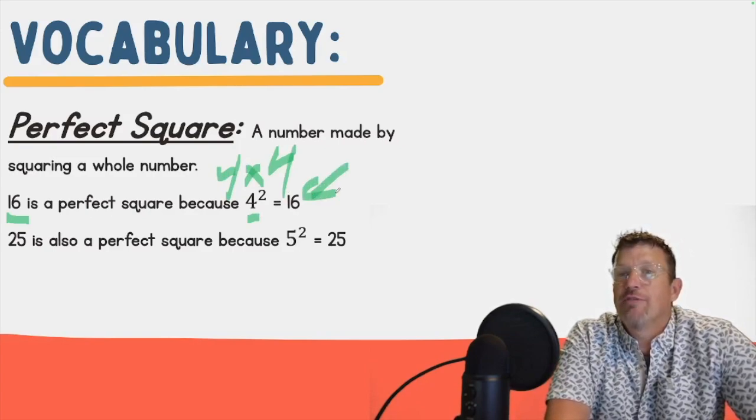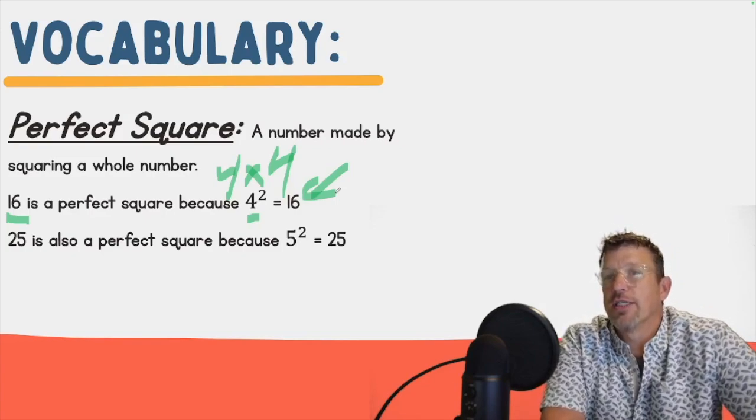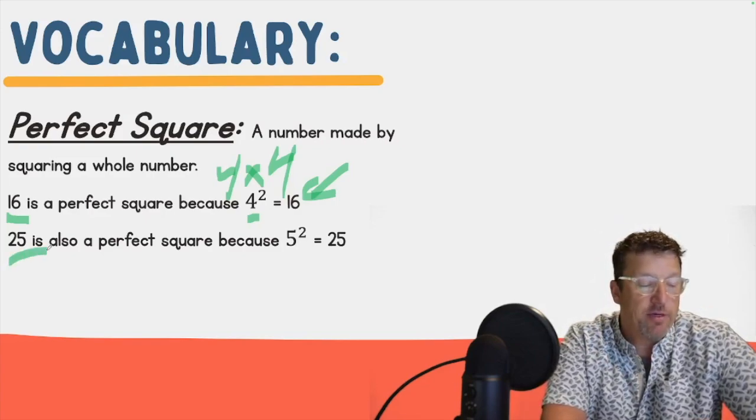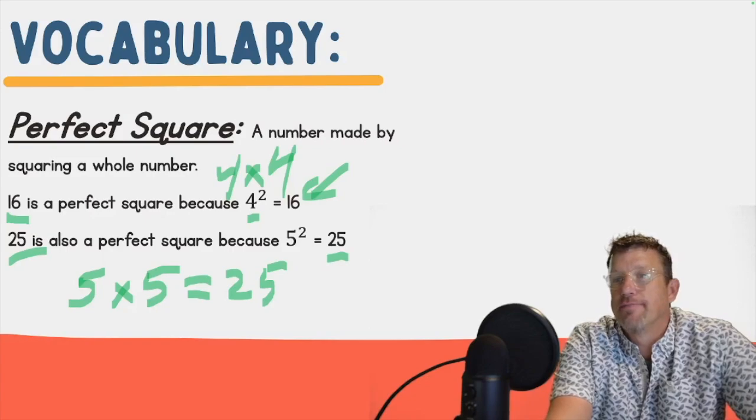So a perfect square is made when we take any whole number and we square it, such as 4. 4 times 4 is 16. Same thing with 25. 25 is a perfect square because 5 squared, which is 5 times 5, equals 25. So that's a perfect square. We're going to dive in a little bit to what it means to not be a perfect square shortly.